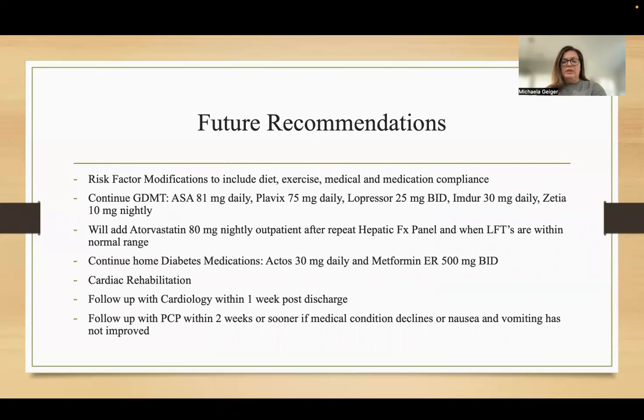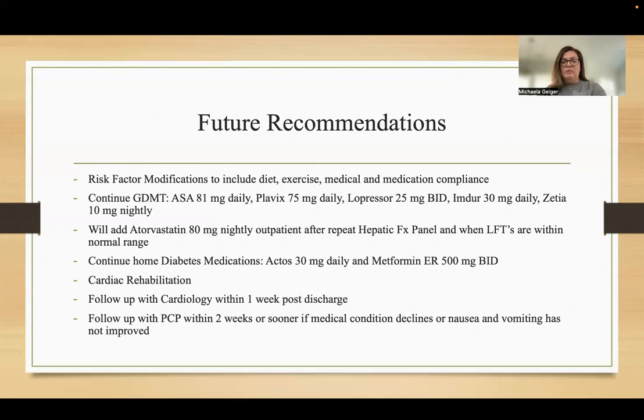Continue goal-directed medical therapy, which included aspirin 81 milligrams daily, Plavix 75 milligrams daily, Lopressor 25 milligrams twice a day, Imdur 30 milligrams daily, Zetia 10 milligrams nightly. We're going to add atorvastatin 80 milligrams nightly, outpatient, after we repeat his hepatic function panel and when his LFTs are within normal range.